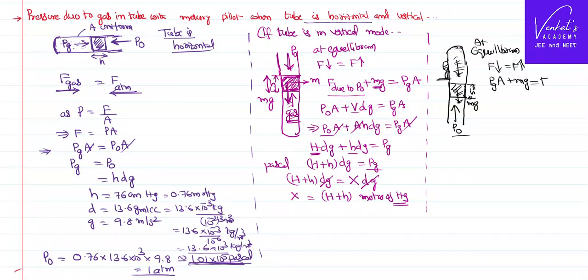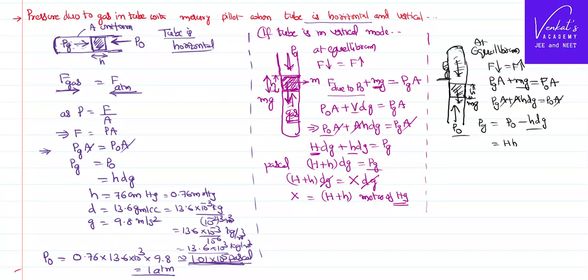Force upward is the force due to the atmosphere, that is P naught into A. So pressure due to the gas into area plus this m, which can be written as area into h dg, as I have written, equal to P naught into A. Area is common, that can be cancelled. So pressure due to the gas is P naught minus h dg, where h is the length of the pellet.